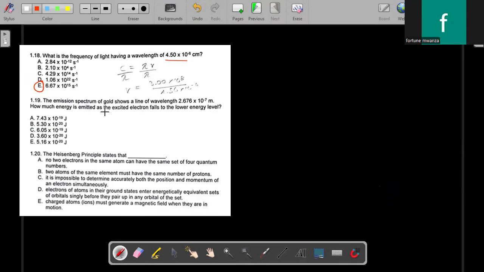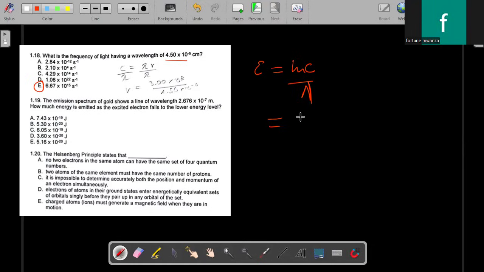How much energy is emitted as the excited electron falls to the lower energy level? Here you have been asked to calculate the energy. So energy is given by h, which is the Planck's constant, times c, the speed of light, divided by wavelength. So you are able to find energy there.